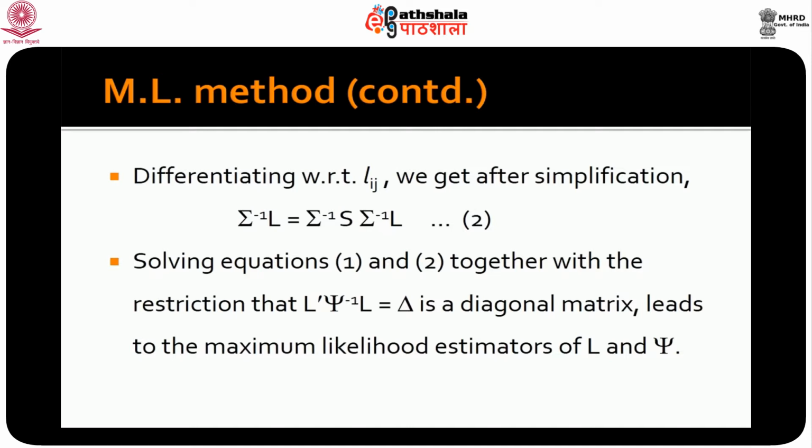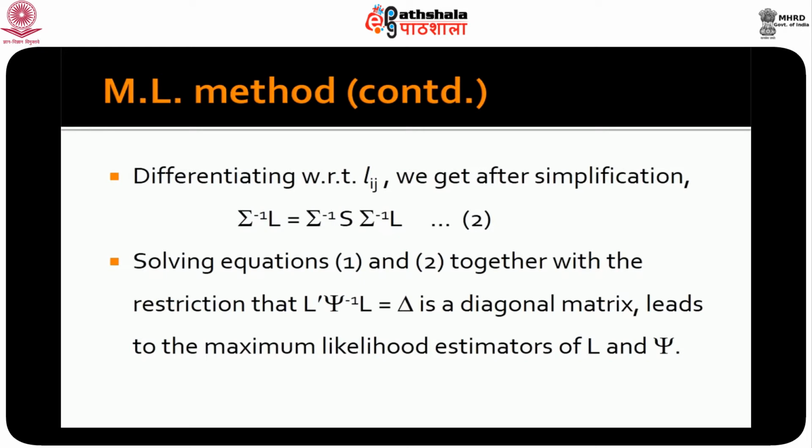What are the other parameters? These are the Lij's. So what would be the derivative of log L with respect to Lij? If we put this equal to 0, this reduces to the equation sigma inverse L equal to sigma inverse S sigma inverse L.